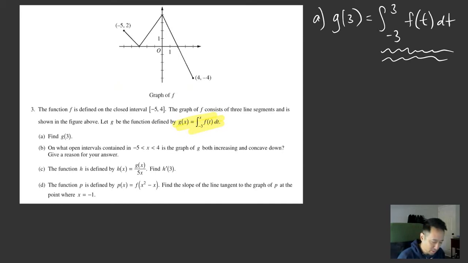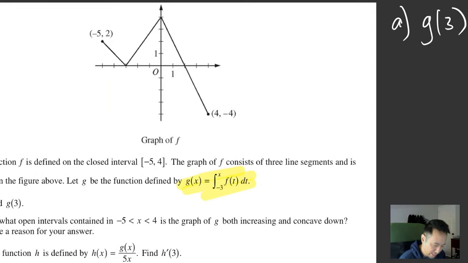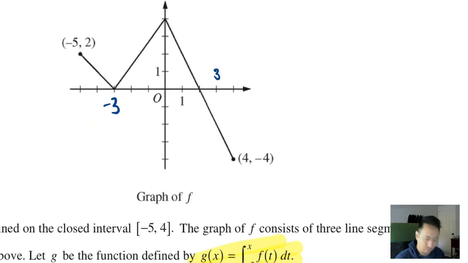So looking at your graph here, this right here is -3, and over here is x equals 3, right? I'm going to zoom in a little bit more. So essentially, the problem is asking you for this region here, plus this region here, plus, and I'm going to divide this right here from 3, plus this region here.